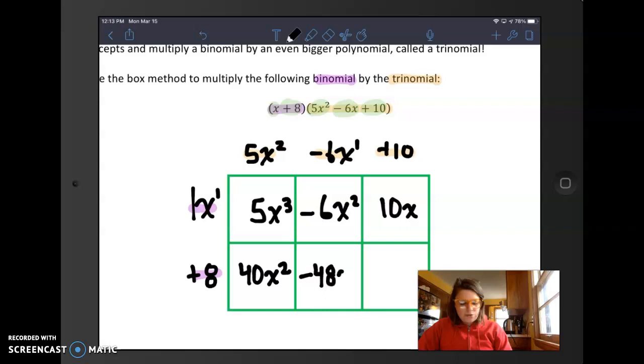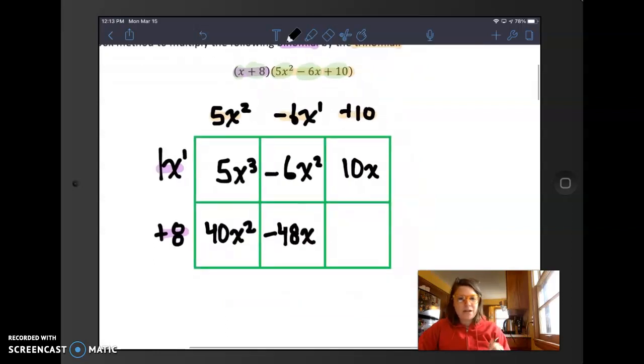Then, since there's no more x's with the 8, you just keep it a regular 8. And finally, we have positive 8 times positive 10 to get positive 80. And putting the plus signs in front there, you don't have to do that, but it can help you keep yourself from making mistakes if you didn't remember a negative there.